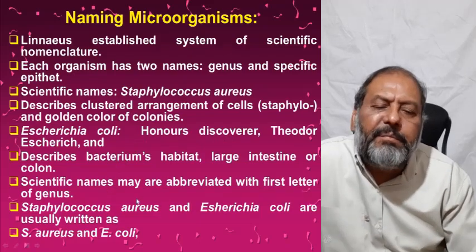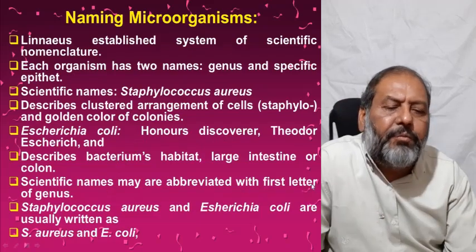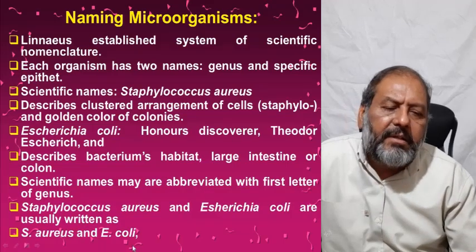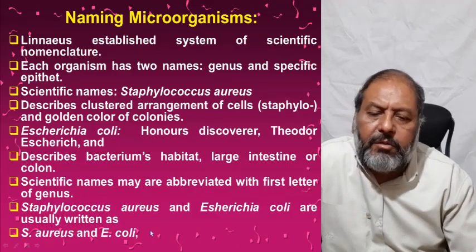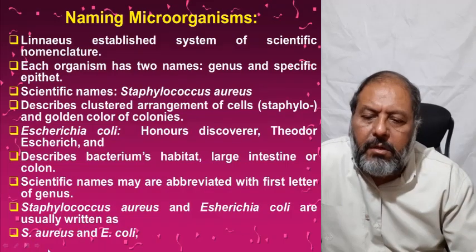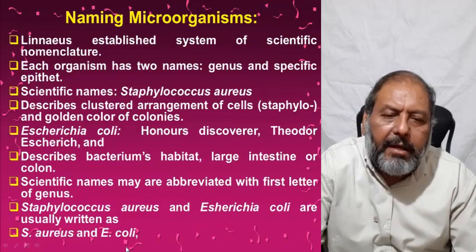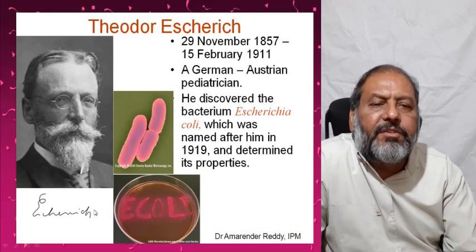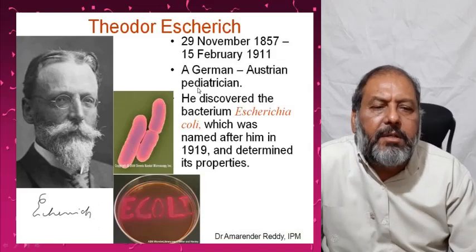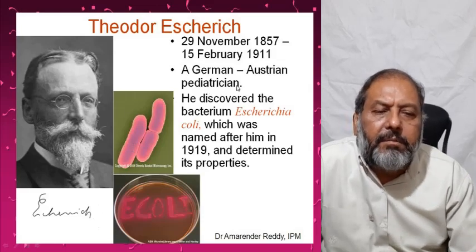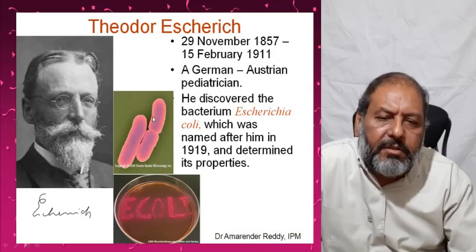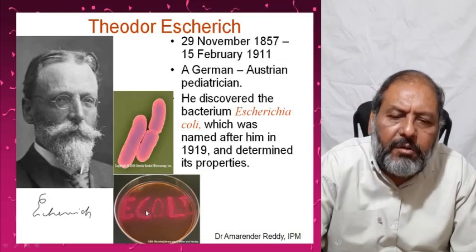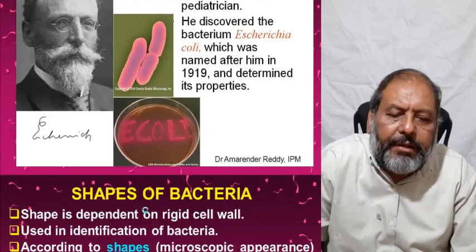Scientific names are usually abbreviated with the first letter of the genus, so Staphylococcus aureus and Escherichia coli are written as S. aureus and E. coli. Here one can see Theodor Escherich, the German-Austrian pediatrician who discovered Escherichia coli, and the name is E. coli because of the name of Escherich.